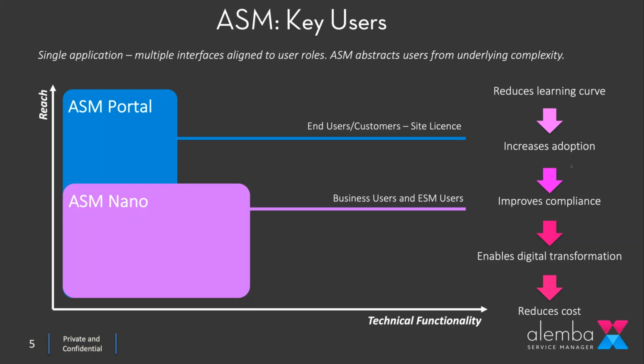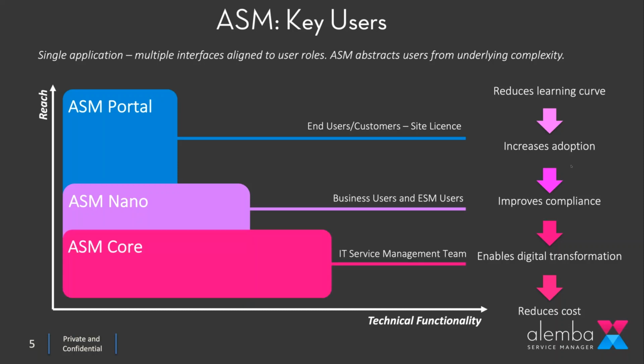So there's less to learn, because if they're not in IT, they're maybe not interested in learning an advanced tool. Nano is our interface for that, and it's particularly popular for that. And then finally, Alemba Service Management Core is used to provide a GUI to all the administration, and the full power users use that application. So with that, I'm going to hand over to James.